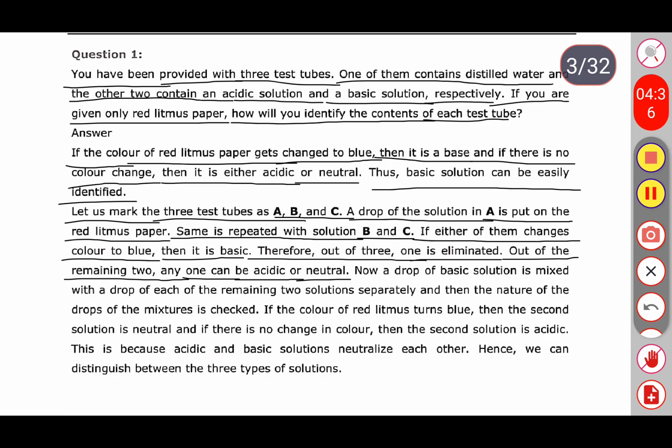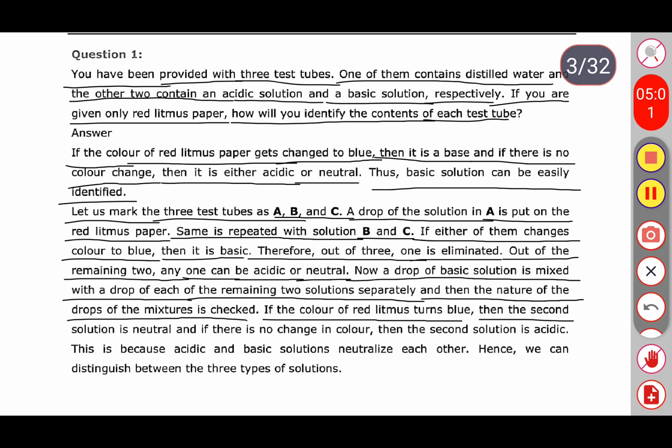Now a drop of basic solution is mixed with a drop of each of the remaining two solutions separately, and then the nature of the drops of mixture is checked. If the color of red litmus turns to blue, then the second solution is neutral, and if there is no change in color, then the second solution is acidic.